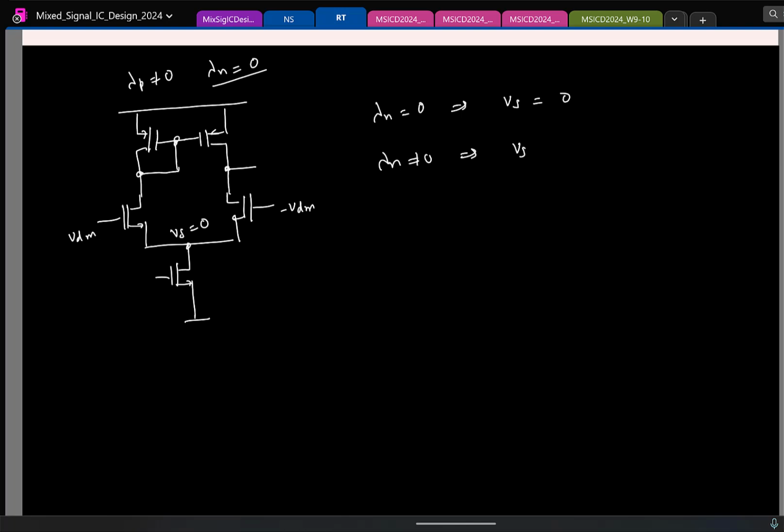It won't be exactly 0, but any reasonable approximation you can make? It will be close to 0. It is not like a discontinuity, where exactly at lambda equal to 0 it is 0, and for any value away from 0 it shoots up. For reasonable values of lambda, it can still be approximated as 0, but the exact calculation becomes messy, so that's why when you introduce it, I don't consider it.